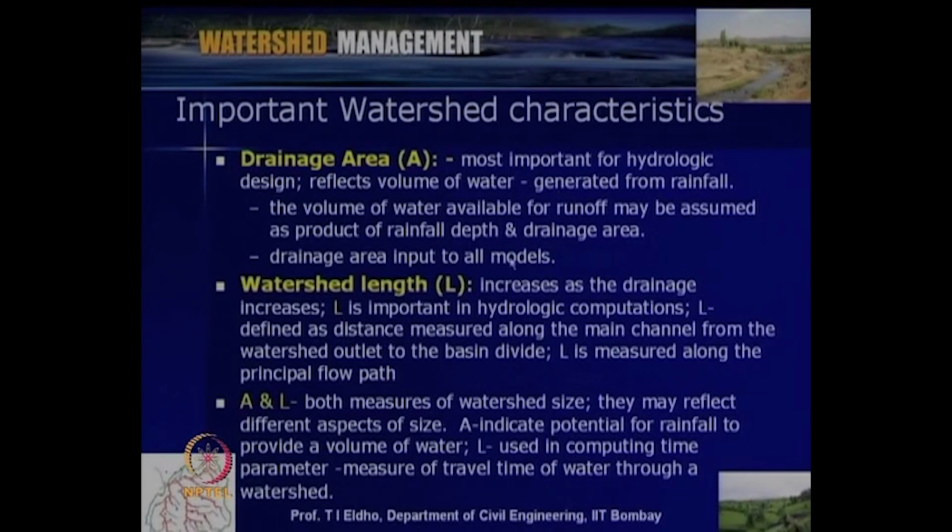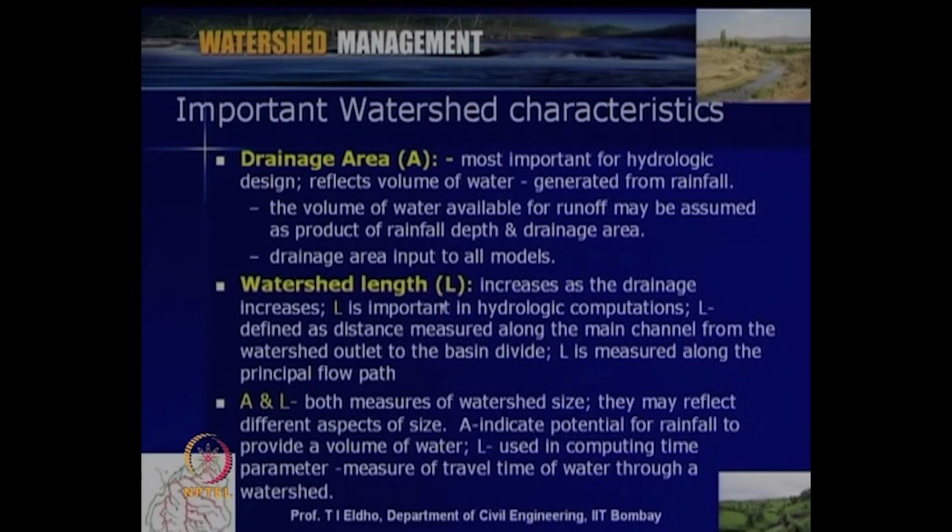That is the definition of the watershed length. You can see that the watershed length increases as the drainage area increases. That is obvious. This is an important aspect as far as hydraulic computations are concerned, since the time of concentration and runoff generation depend upon the watershed length.